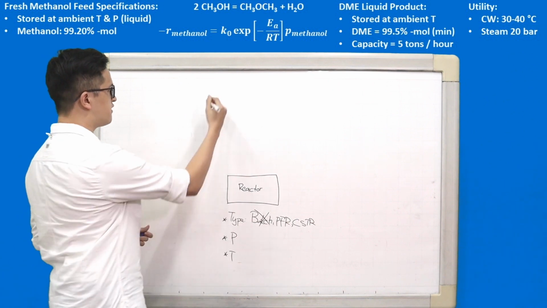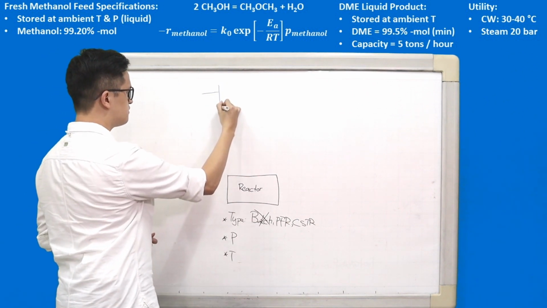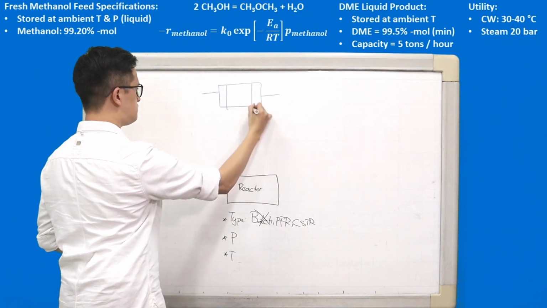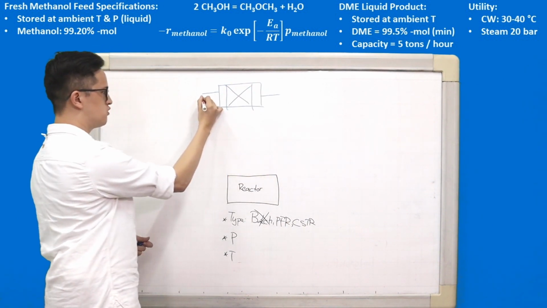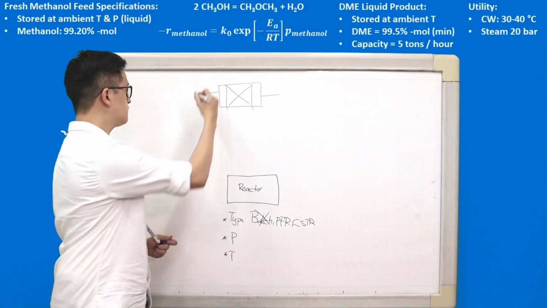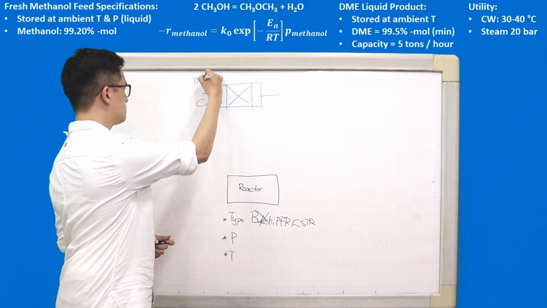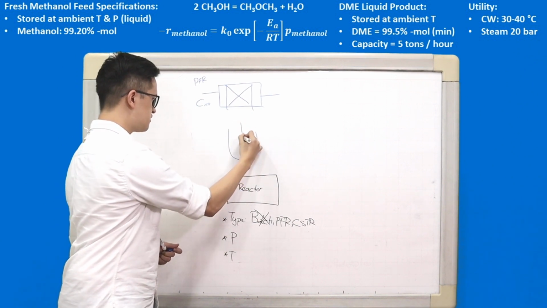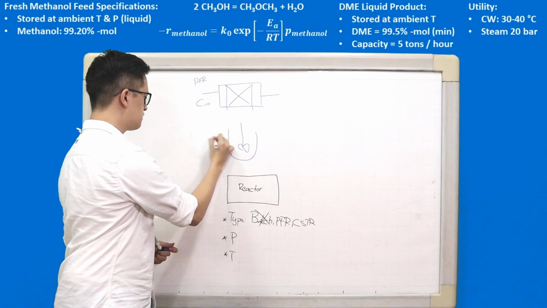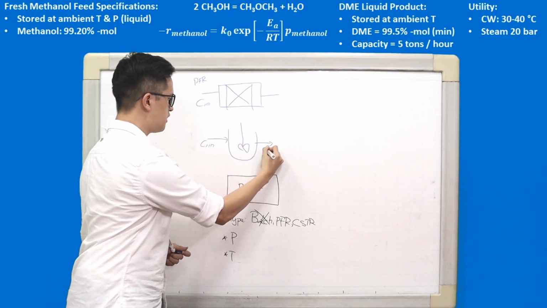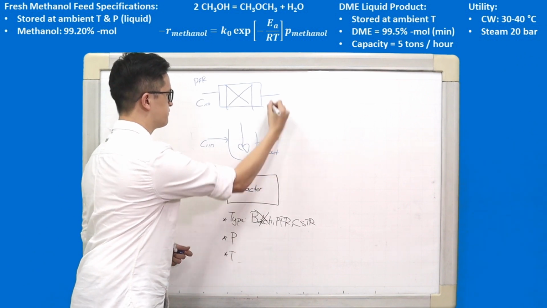For the PFR, it is called a plug or pipe reactor. So that's your concentration in the inlet for a PFR. And the difference is, if you have a stir tank reactor, that will also be your inlet concentration, and that's your outlet concentration.